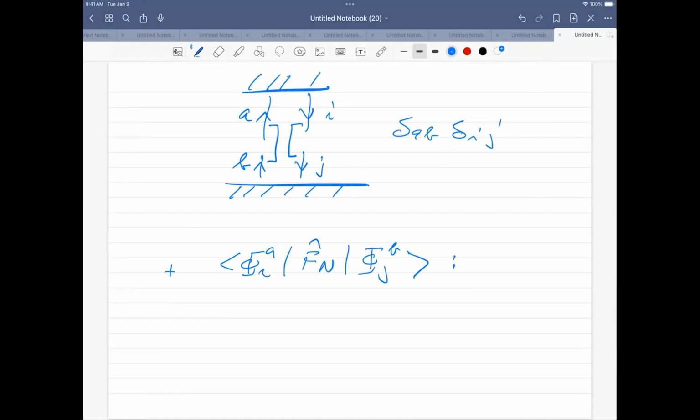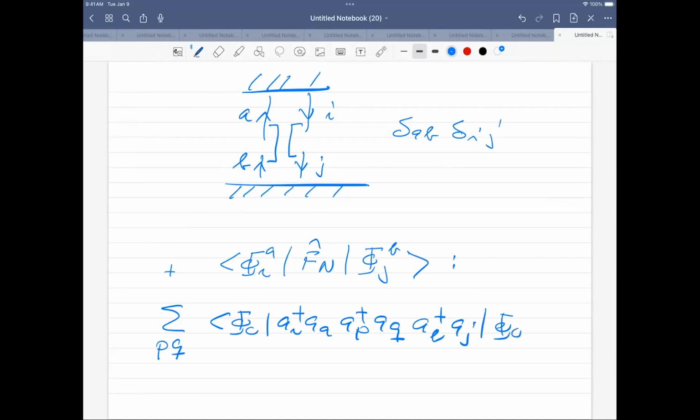And what we have then is phi 0, and there is a sum of a PQ, and then I have my AI, AA, AP, AQ, and then AB, AJ, and then I have my phi 0, and finally this contains now a specific matrix element, or just an integral, like this.